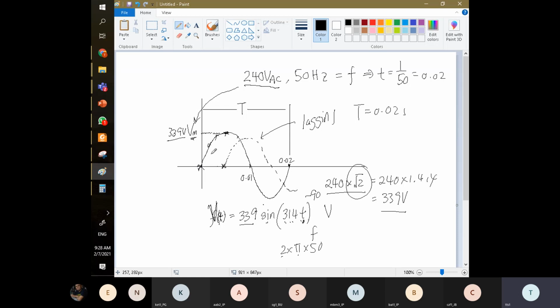It's called lagging, some kind of delay by 90 degrees. So we should write this dotted one as Vt, voltage as a function of time, 339 the maximum voltage, sine 314T minus 90 degree, to express this waveform here.